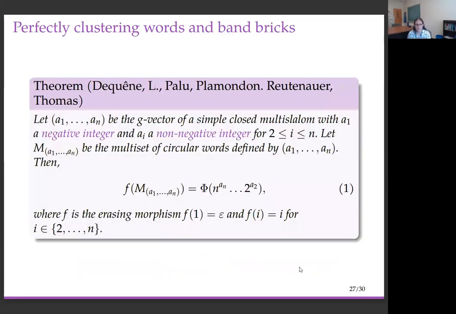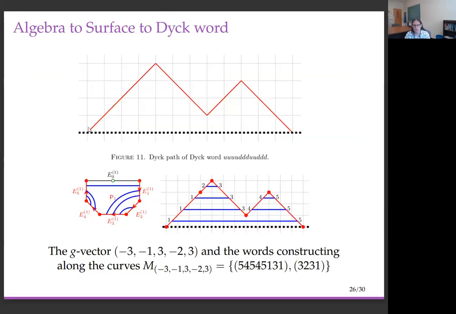And the really nice thing about that is that the Dyck word here is represented simply by a vector, which is the number of occurrences of each letter, while the minus represents the up step and the plus the down step.